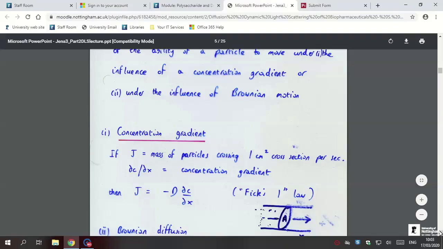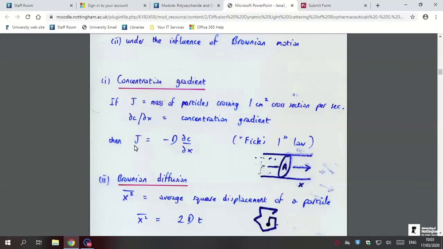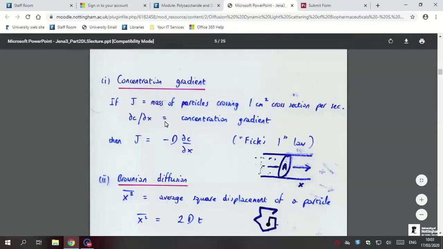We call this movement down a concentration gradient, and this looks complicated here, but this J simply represents the flow of macromolecules or molecules down a concentration gradient. So dc/dx is how concentration changes with distance, and D is the constant of proportionality, which we call the diffusion coefficient.